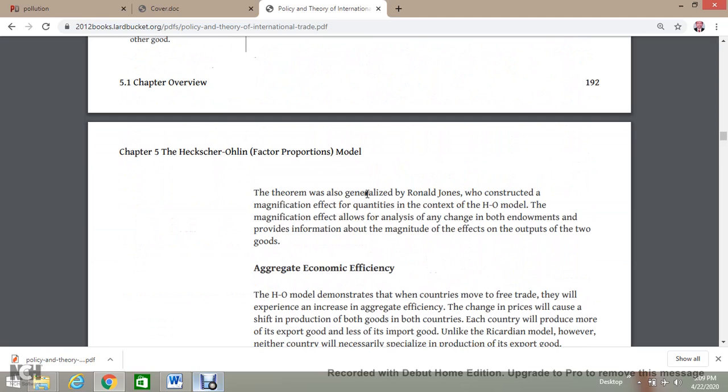This theorem was also generalized by Ronald Jones, who constructed a magnification effect of quantities in the context of the Heckscher-Ohlin model. The magnification effect allows for analysis of any change in both endowments and provides information about the magnitude of the effects on the outputs of the two goods.